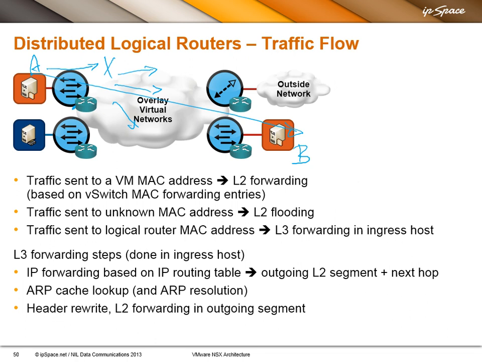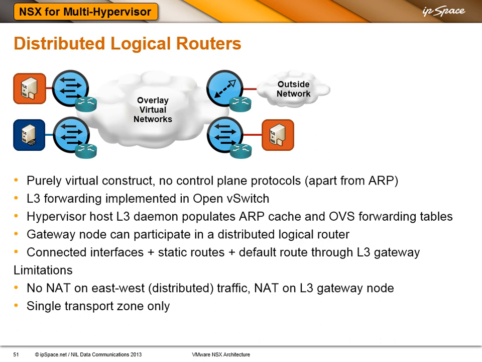And yet again, remember, all the processing, including header rewrite, TTL decrement, and layer 2 forwarding in the outgoing segment is done on the ingress hypervisor. Now, with NSX for multiple hypervisors, the logical router is a purely virtual construct. It has no control plane protocols.